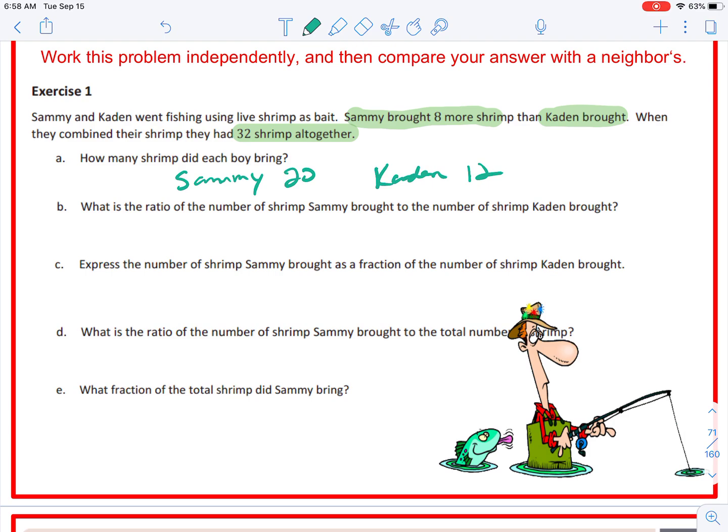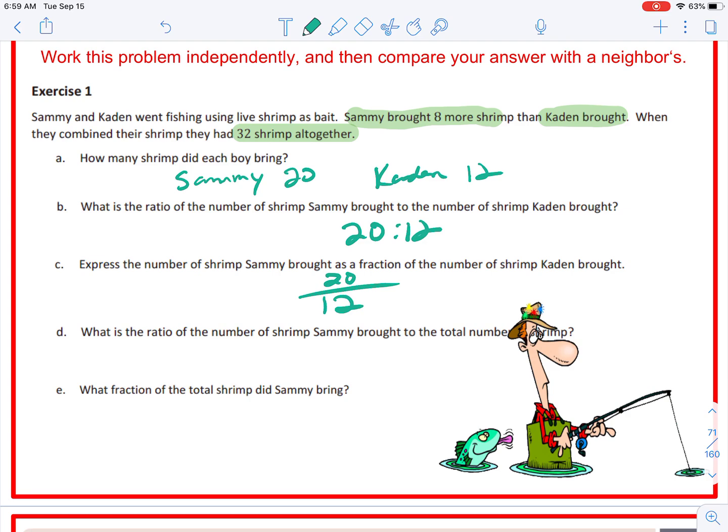So what is the ratio of the number of shrimp Sammy brought to the number of shrimp Kaden brought? It is 20 to 12. Express the number of shrimp Sammy brought as a fraction of the number of shrimp Kaden brought. So we would just write this as a fraction, 20 over 12.